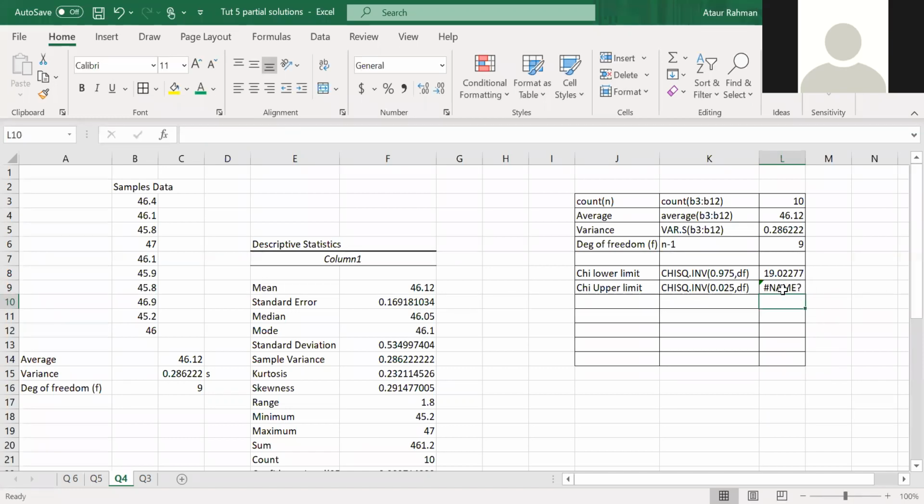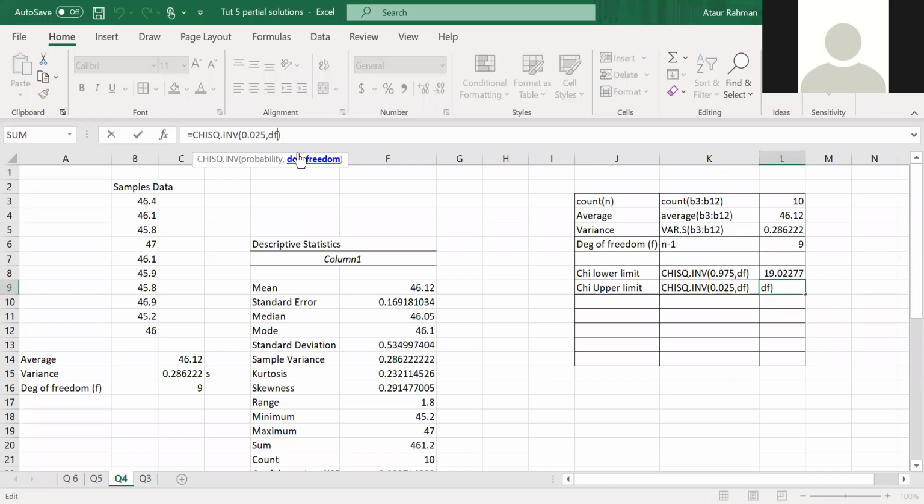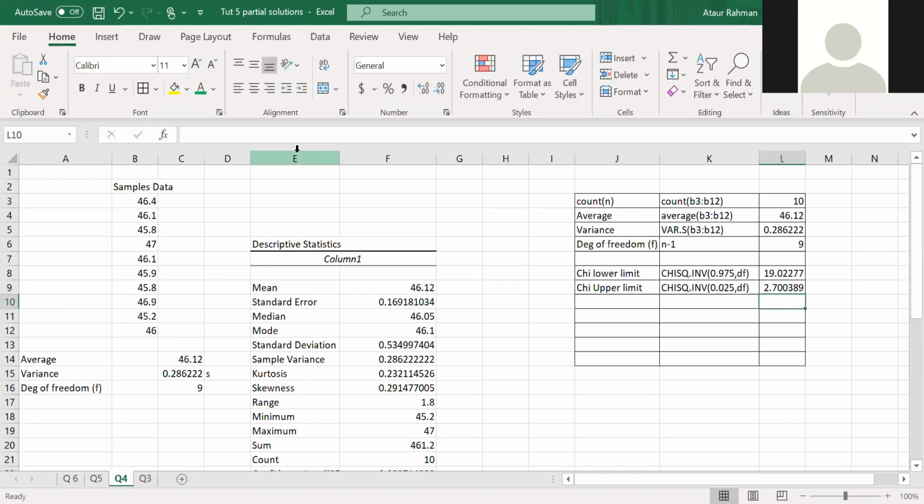Sorry, we have to write the value, not the degree of freedom. This is 9. So I think we're dealing with the right value, 19.